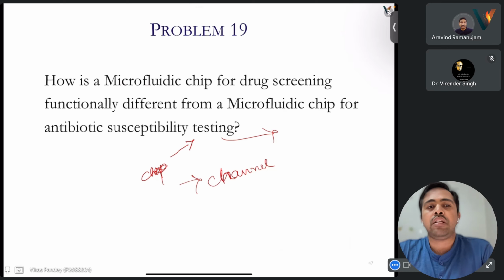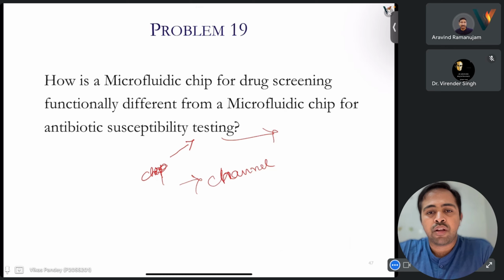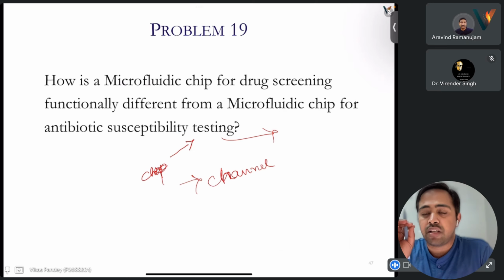So how is it functionally different? One is where we want to rapidly screen the drug, how it is performing, whether it is working or not. The other is the case of antibiotic susceptibility testing: how well, at what point it is working, for what values it is working. So what is the difference between these?